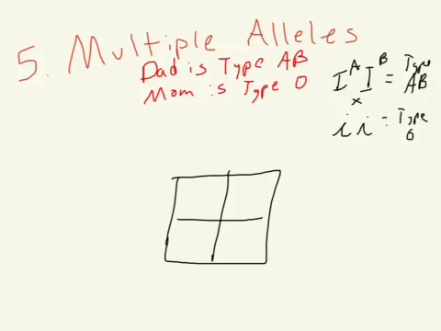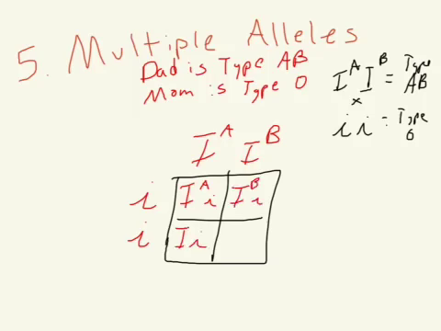Change it to red because we're dealing with blood. Go to put dad up top, IB, and mom is little i, type O blood. So our offspring are going to end up getting 1 from each parent. The B is coming down from dad. The little i is coming across from mom.